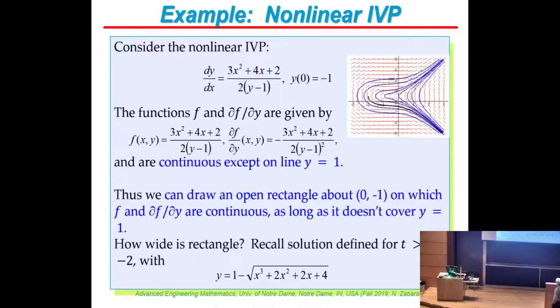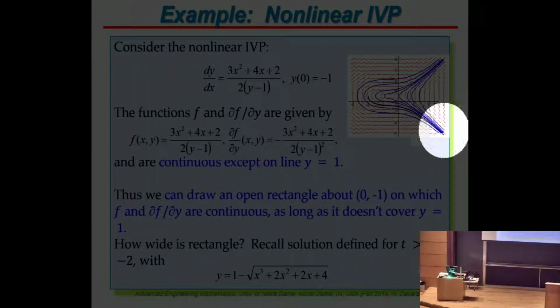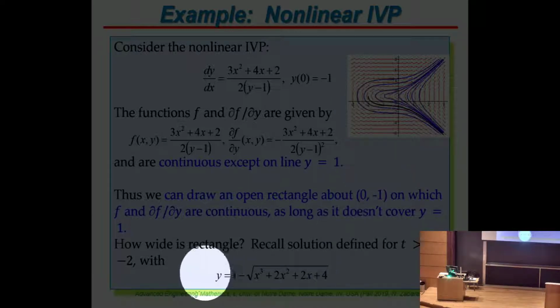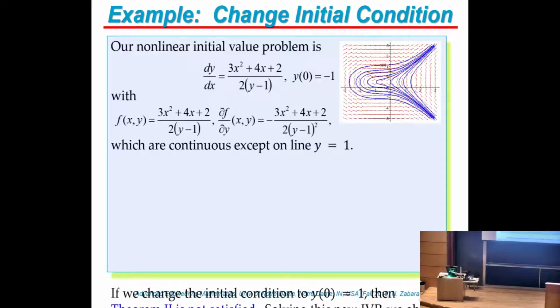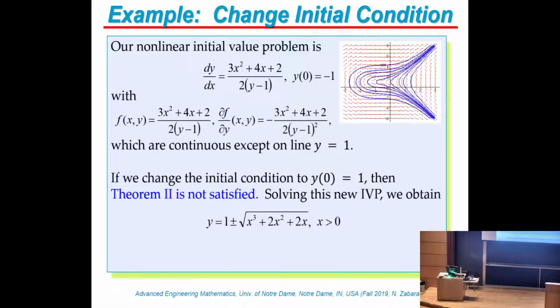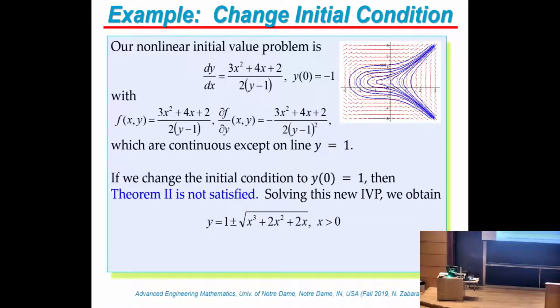So this is the solution, by the way, that we compute. This is the solution corresponding to the black line, all right? So it's a unique solution. So the theorem works very nicely. And the other case that I mentioned is a solution that looks like this, 1 plus minus the square root. So there are two solutions, two branches, two different solutions.